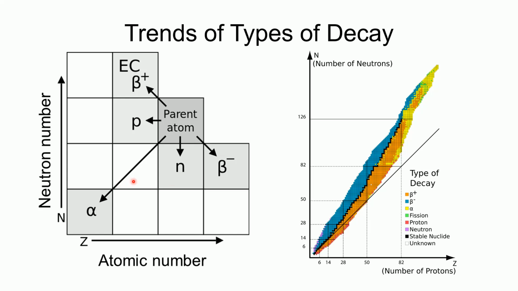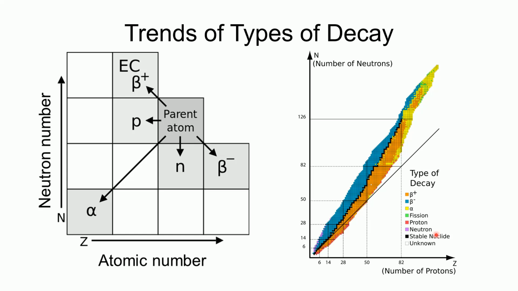So next thing, I want to mention these numbers: 6, 14, 28, 50, 82. You remember way back when we studied electron configurations in chapter 6, we had certain numbers of electrons that would fit into each shell. Well, it turns out in the nucleus, we have a similar thing where there are shells, for lack of a better term. And certain numbers of protons and neutrons are more likely to give us stable shells.